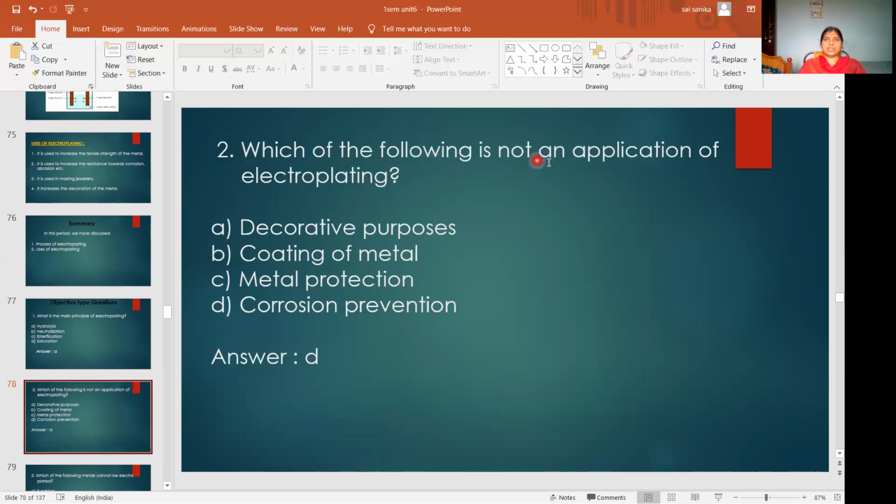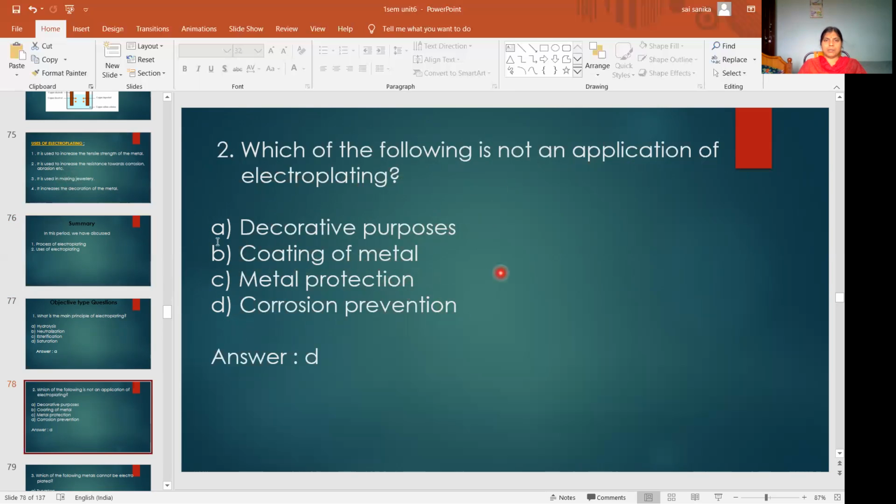The next, second question: which of the following is not an application of electroplating? Just now we studied the uses of electroplating. The options are: decorative purposes, coating of metal, metal protection, and corrosion prevention.